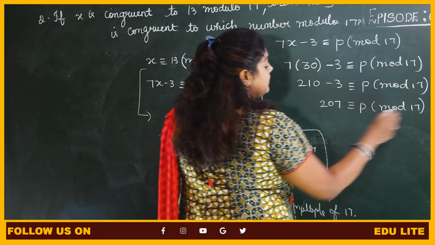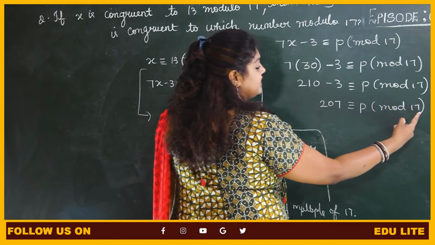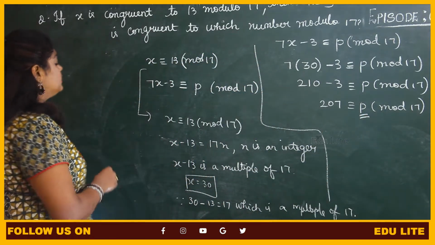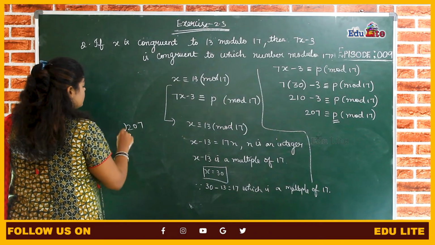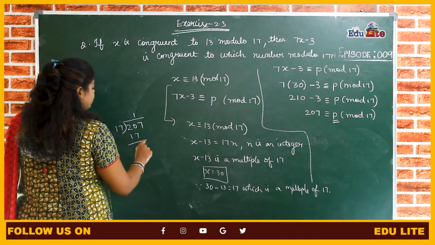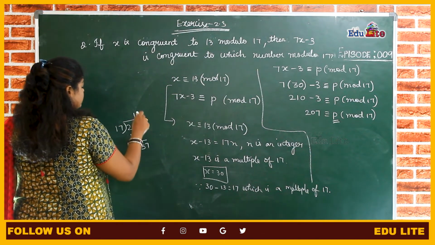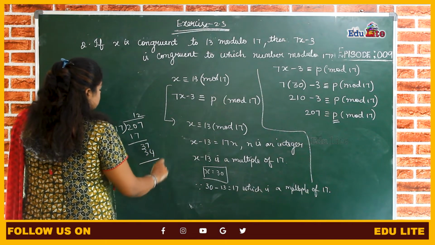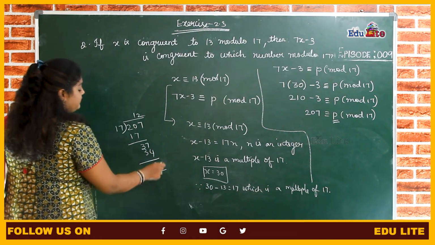What does it mean? When 207 is divided by 17, what is the remainder it leaves? Let us find. 207 divided by 17: 17 into 2 is 34, and so it will give the remainder 3.